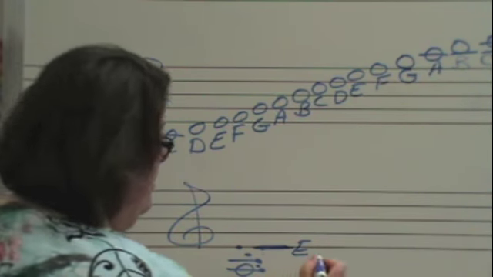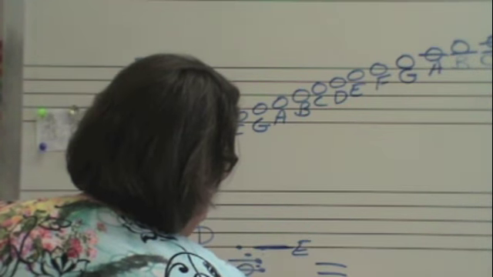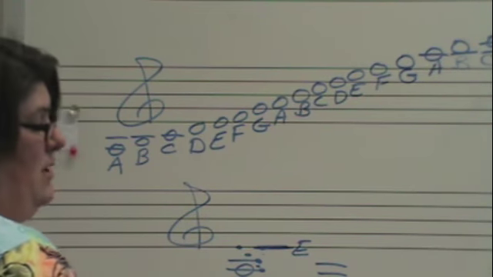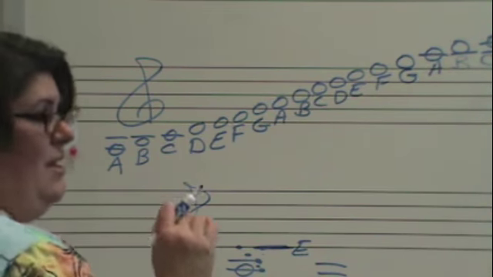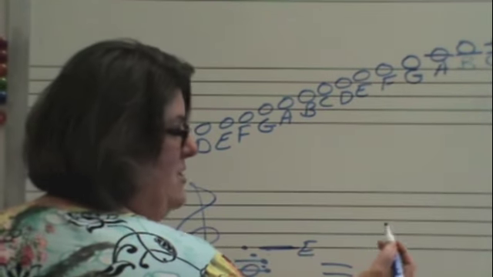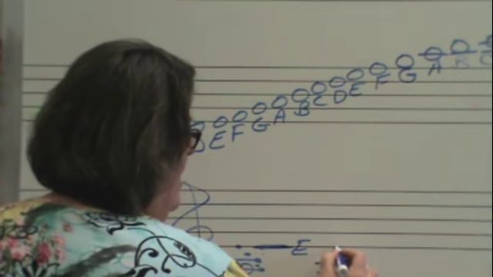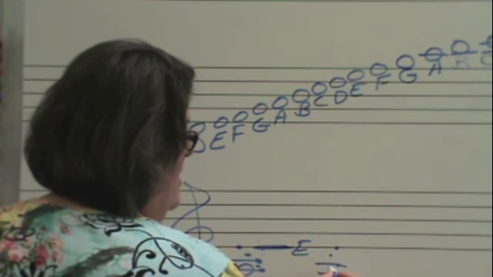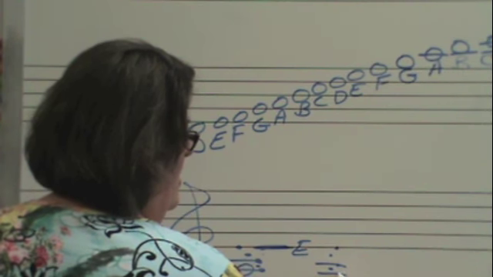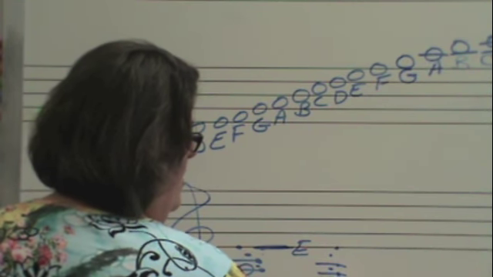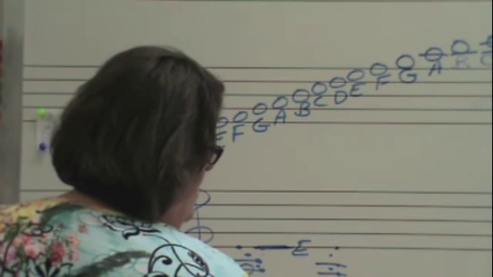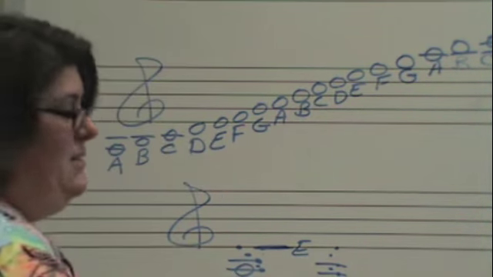Here's an extreme one for us. Now I can figure this one out two ways. There's a shortcut. Here's the classic way. E, D, C, B, A, G, F, E. Here's a shortcut.